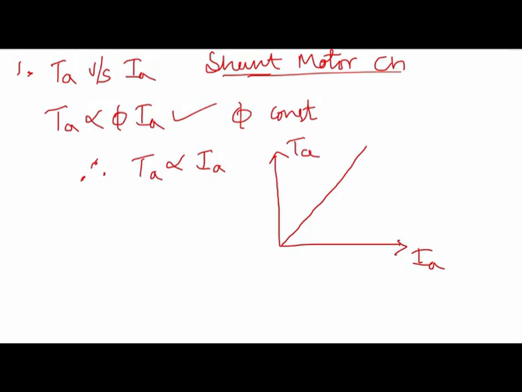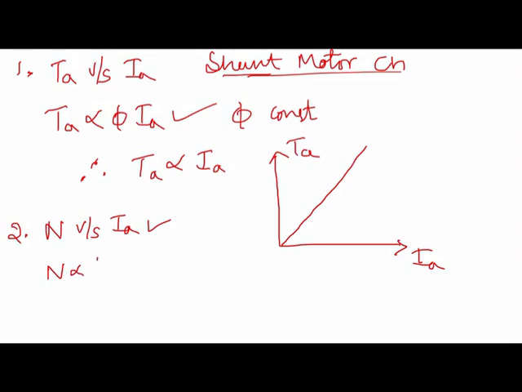The second characteristic is speed and armature current characteristics. Now we need to establish the relationship between the speed and the armature current. To understand this, let us again write the relations.